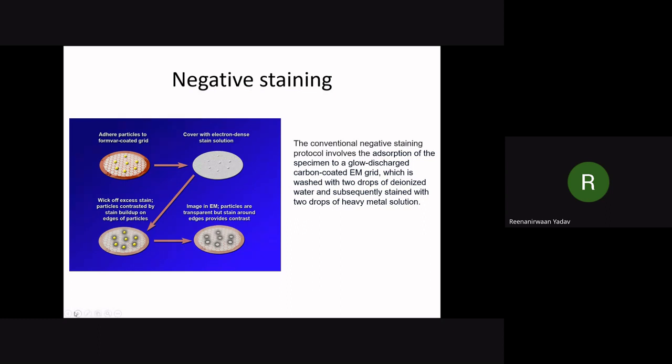So first we glow discharge our grid, then within a maximum of 1 hour we have to put our sample on it, and generally we incubate for 1 minute, and then blot the extra sample with the help of a blotting sheet and then put our stain.